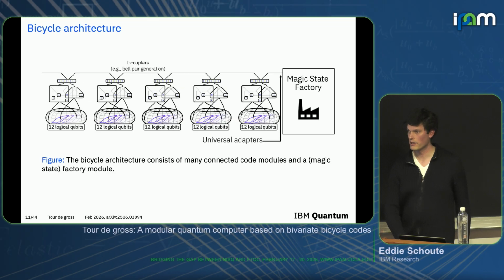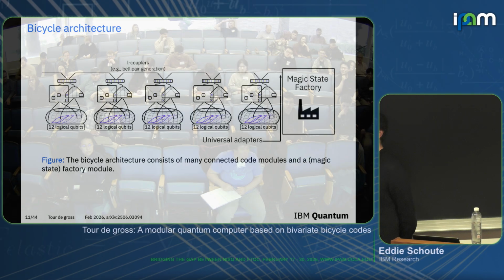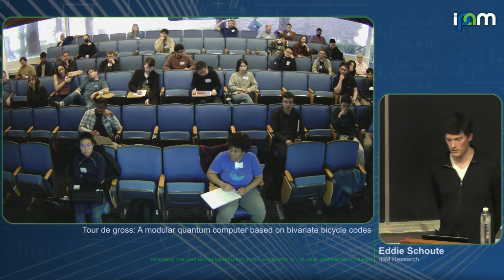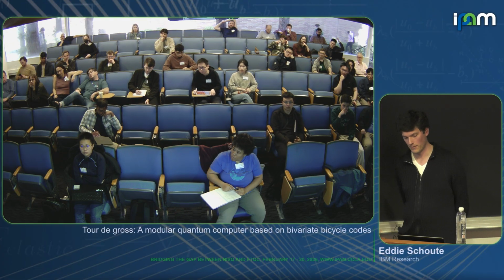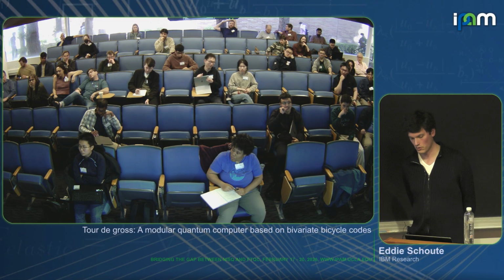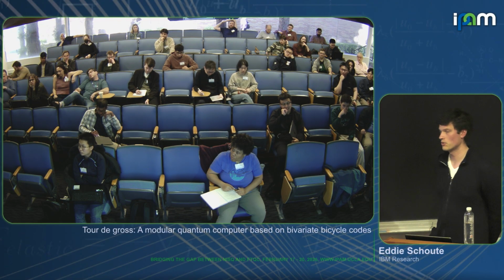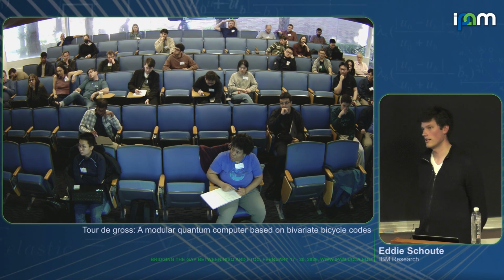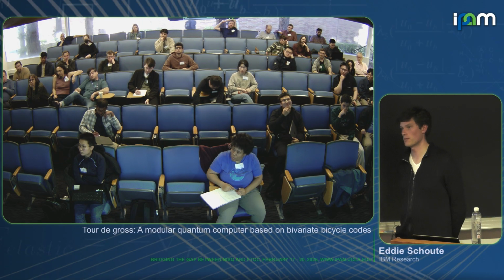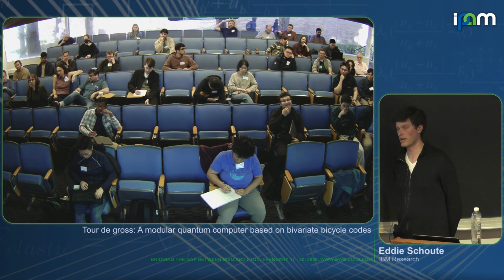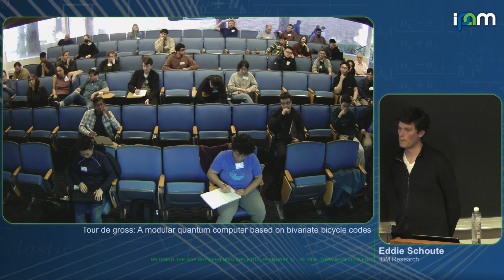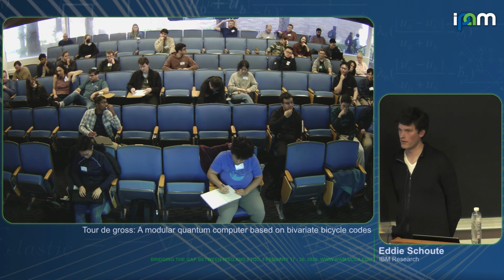Sorry, one quick question. So what does a universal adapter mean? Yeah, the universal adapter is a technique developed to connect two different kinds of codes together to be able to perform a joint measurement between two different kinds of codes. Does this work for arbitrary two codes?